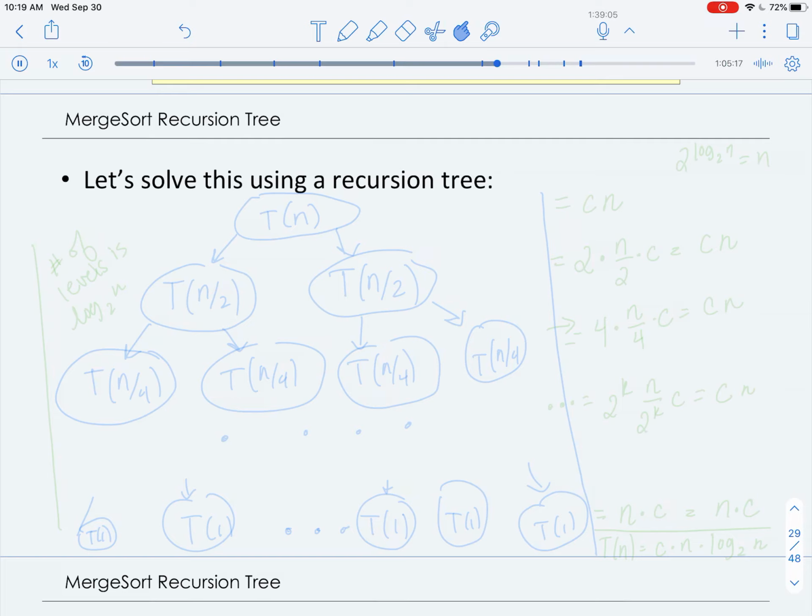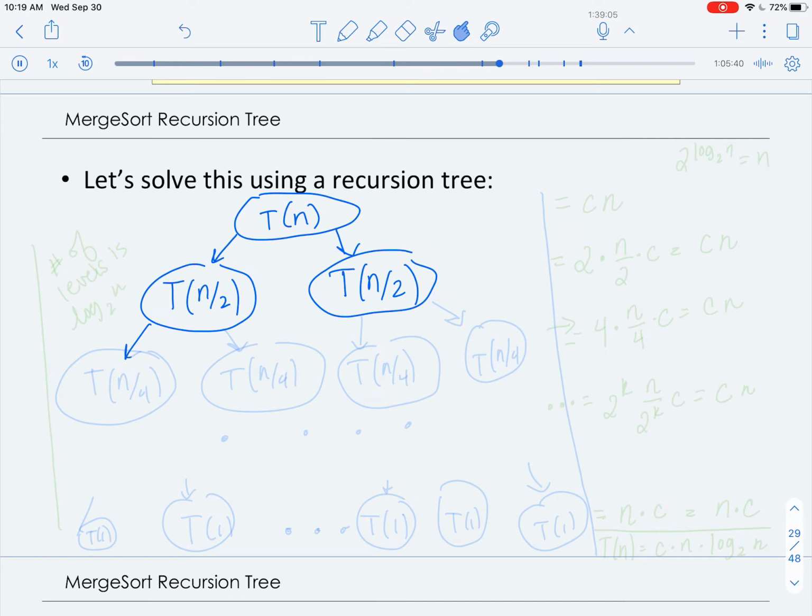Here, at my root is going to be my call of size T(n). Once I have my call of T(n), as we saw, I'm going to make 2 recursive calls: a recursive call on size T(n/2), and another recursive call on size T(n/2). Those are my next nodes.